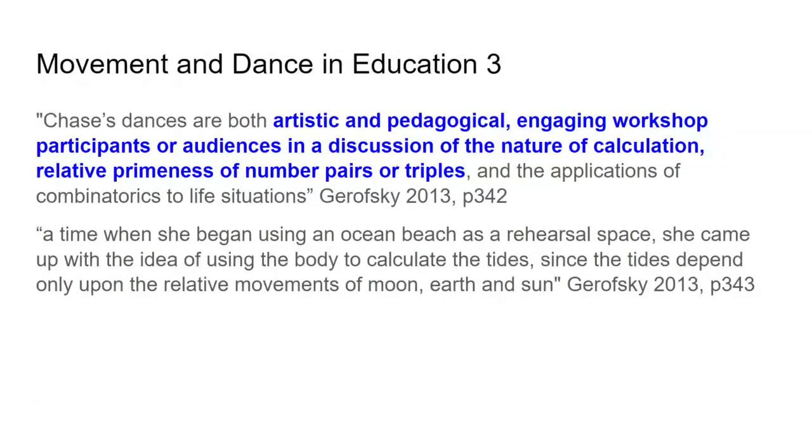And there's a reference to when she started using an ocean beach as a space to rehearse. And she thought, let's use the body to calculate the tides. Because we can use our bodies to try and simulate the relative movements of the moon, the earth, and the sun. And I think that's a pretty interesting way of using movement and dance.